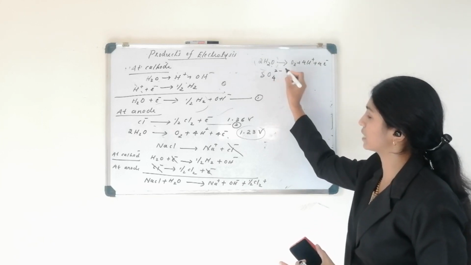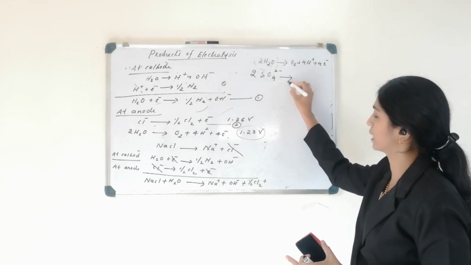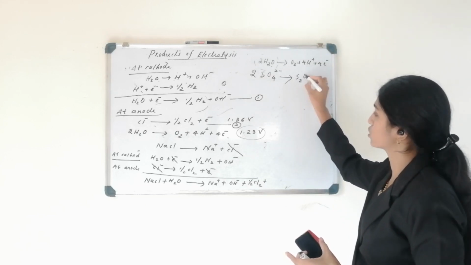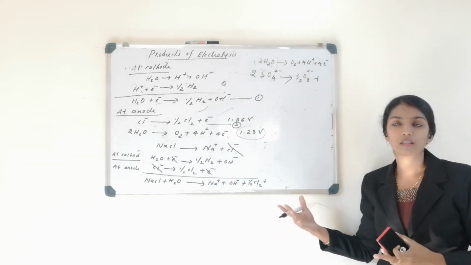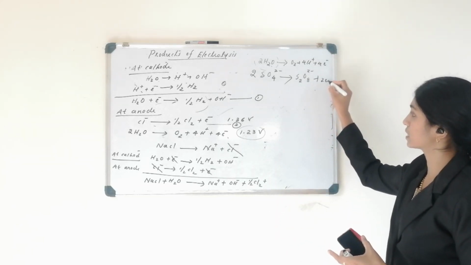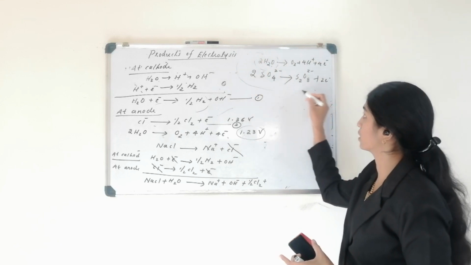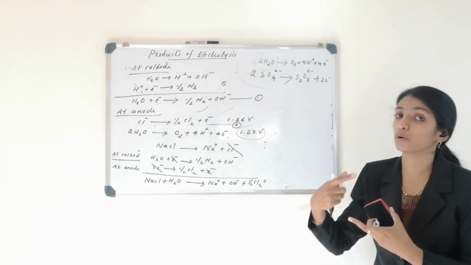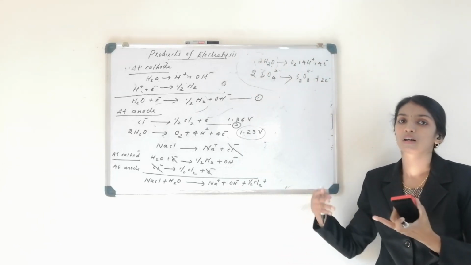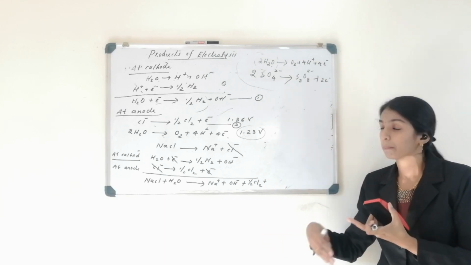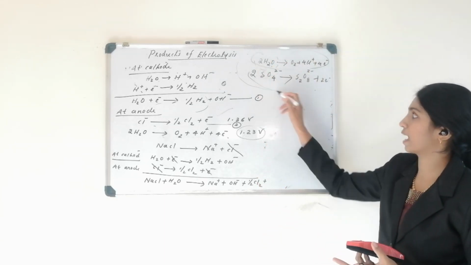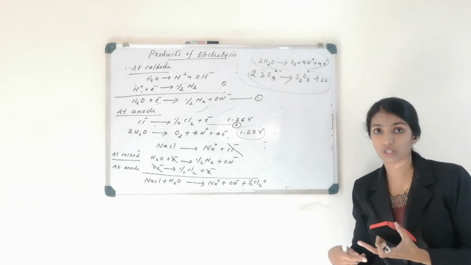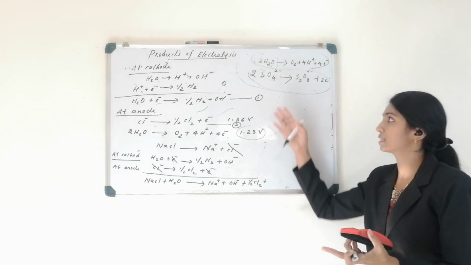If we take two molecules of SO4 2 minus, the product will be S2O8 2 minus plus 2 electron. These are the two possible reactions which occur at the anode during the electrolysis of sulfuric acid. But this reaction is preferred at a lower concentration and this reaction is preferred at a higher concentration. You don't need to study this in detail.